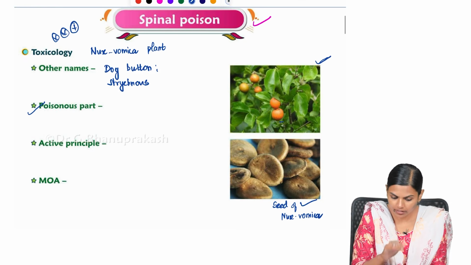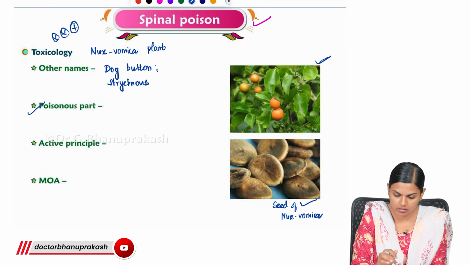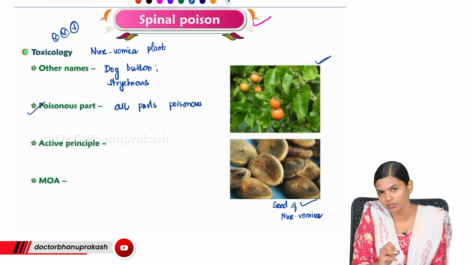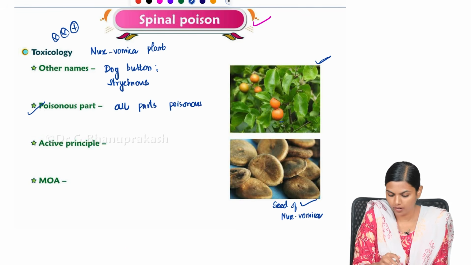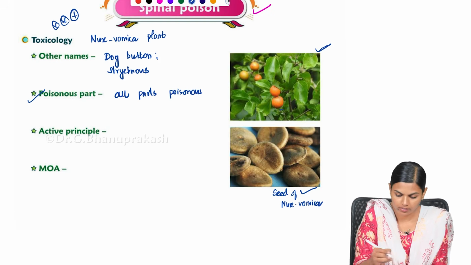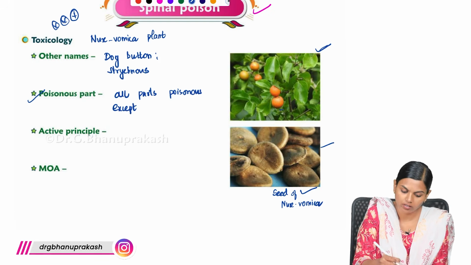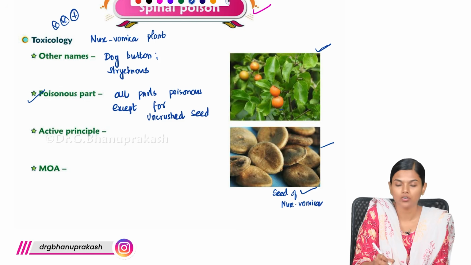In our Nux vomica, all parts are poisonous. If you eat any part of the plant, you will die, except for one, that is the seed, that too the uncrushed seed. If you crush and eat the seed, you will die.